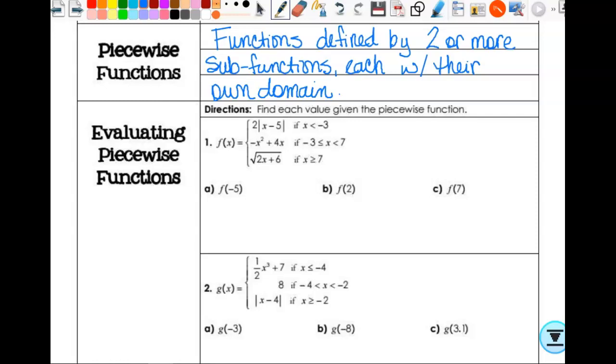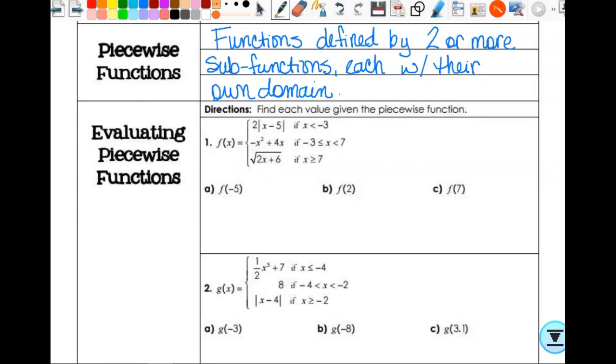So if you look at what we have here, we have f of x, which tells us we have a function. Then you have this squiggly bracket, and there's three subfunctions. I have an absolute value, this is quadratic, this is square root, okay? So they don't all get graphed on top of each other if we were graphing them, because then it wouldn't be a function, right?